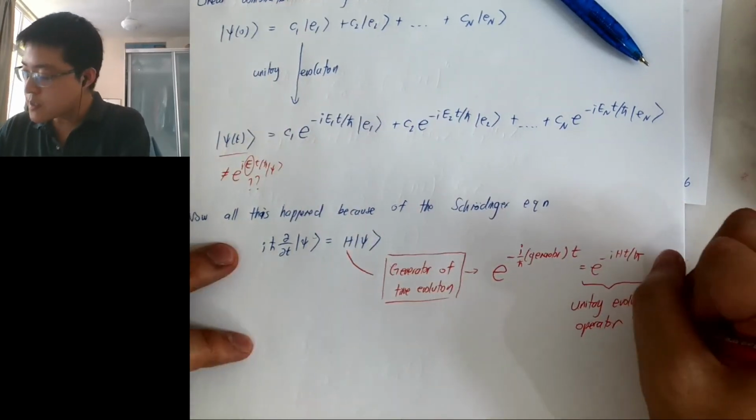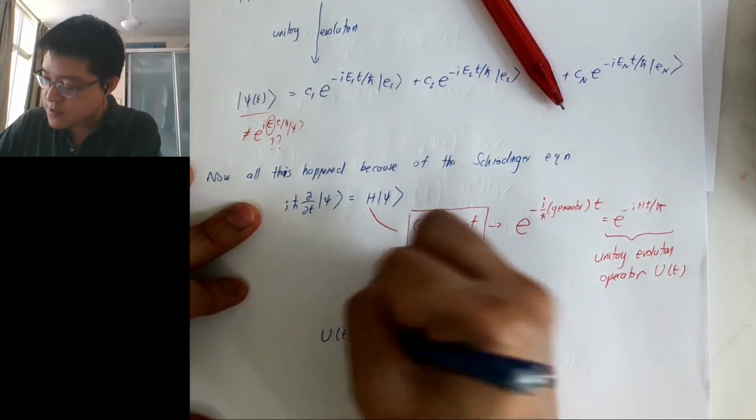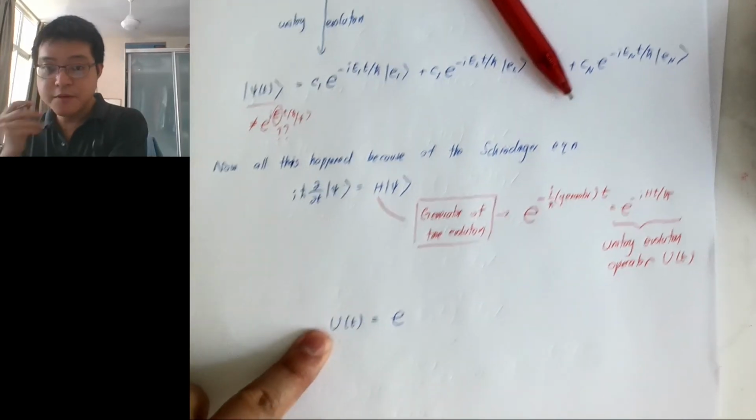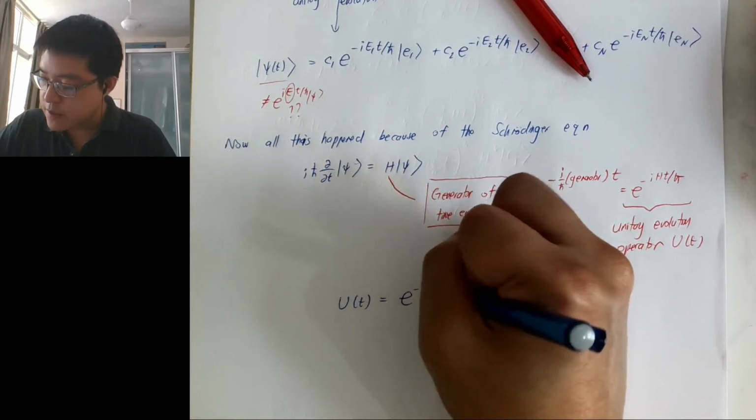Sometimes we call this U(t). I think we will do this a bit later also. Sometimes we use the symbol U because it stands for unitary, e to the minus iHt over h bar.